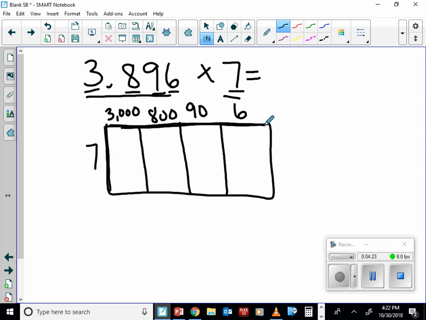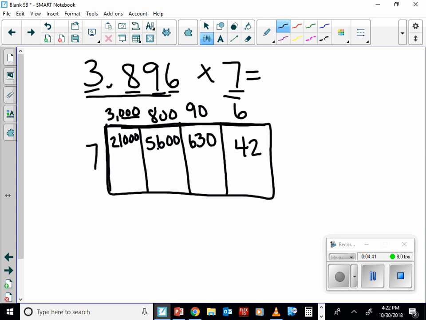Now we're multiplying. 7 times 3 is 21. Add 3 zeros. 7 times 8 is 56. Add 2 zeros. 7 times 9 is 63. Add 1 zero. 7 times 6 is 42. No zeros.